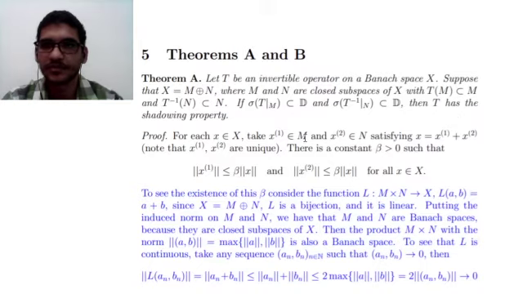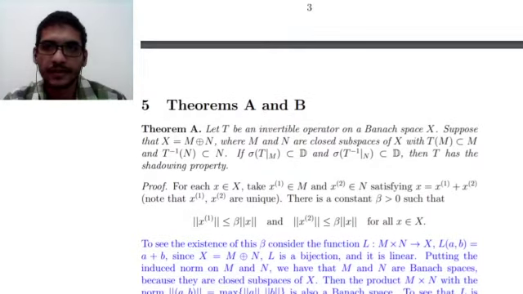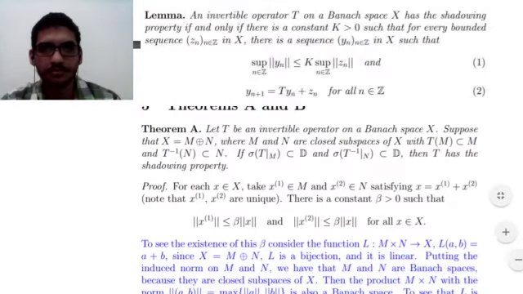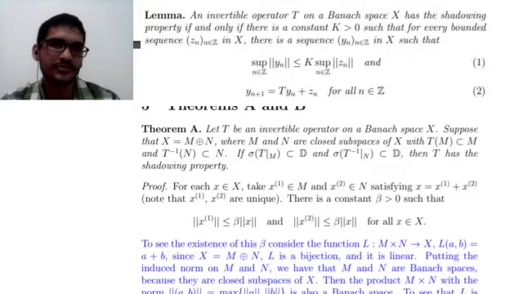Okay, we are going to use the key lemma that I called. So we are going to prove that an operator with these properties 1 and 2 satisfies these properties.